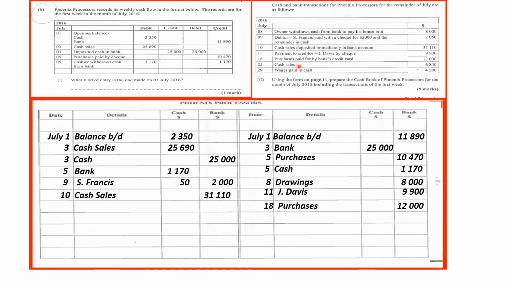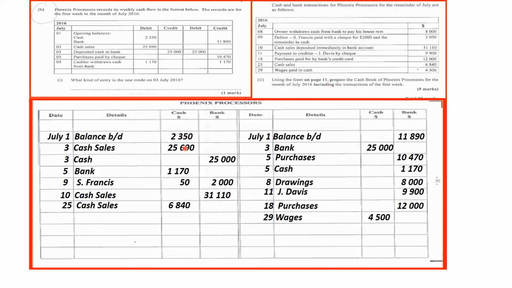On the 25th, we have cash sales of 6,840. And on the 29th, wages paid in cash 4,500. Wages 4,500. And then they did not ask us to balance it, but we'll balance it anyway.